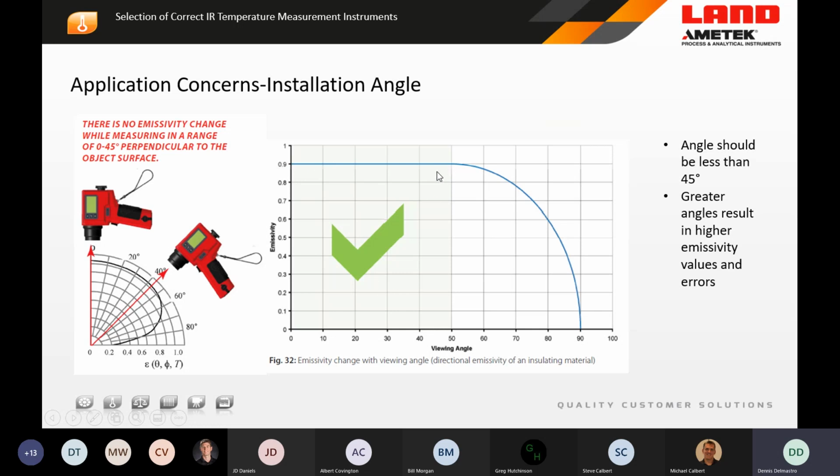When you get out to, let's say, 40, 45 to 50, there's really no change in emissivity, and in this case, this would be an error that would occur in emissivity. After 50, you can see the emissivity falls off very quickly, and that would result in significant error. So applications come up, you want to keep the angle at 50 degrees or closer to normal.